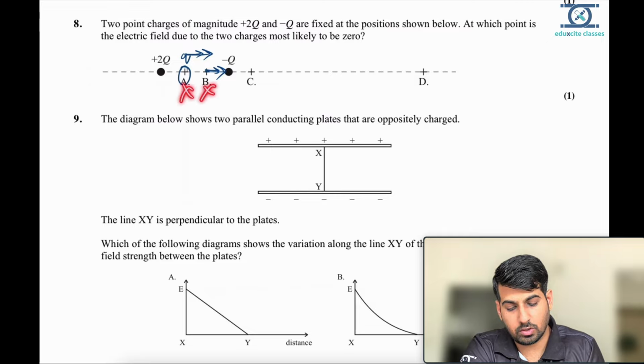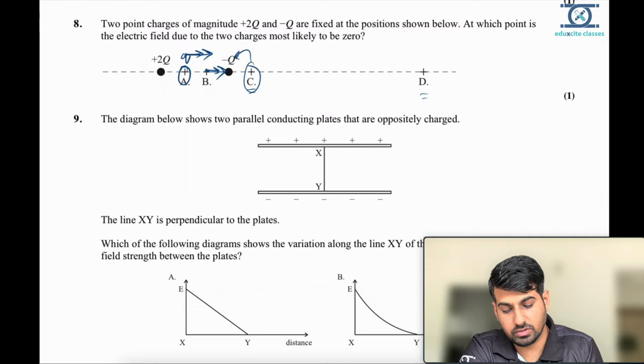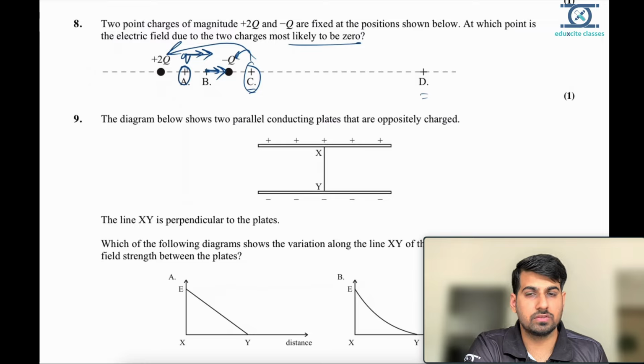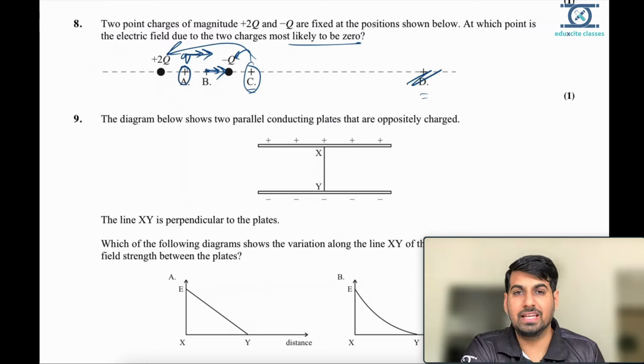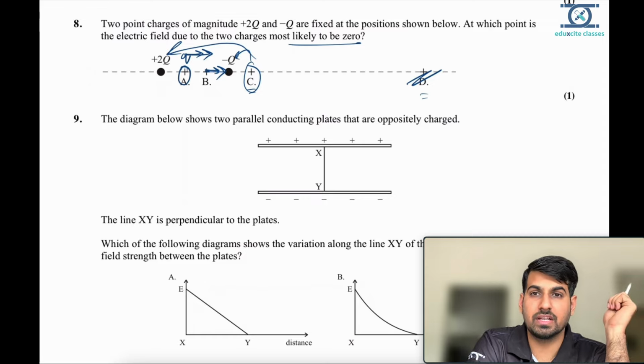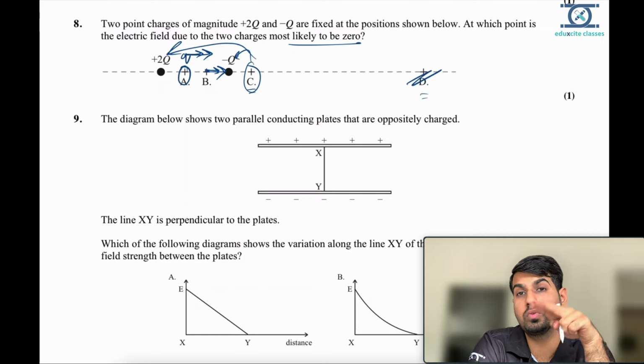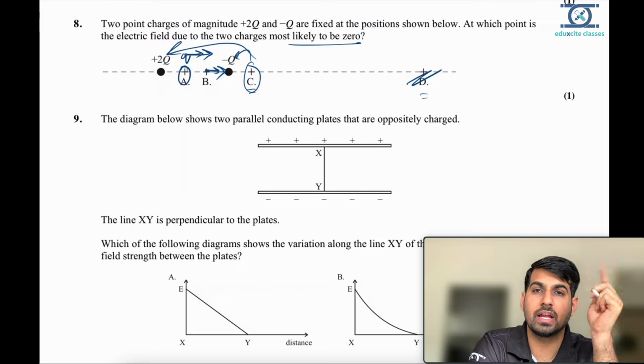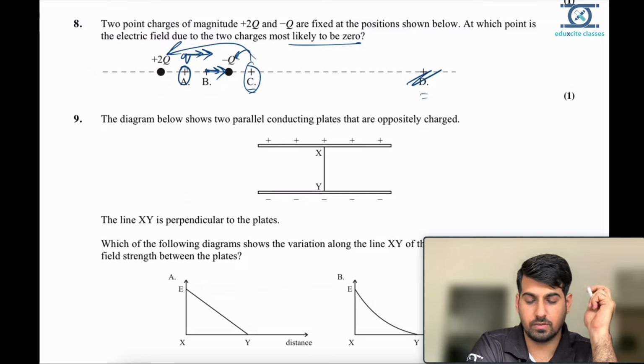So A and B are not options. Now we have to think about C and D. Now C is very close to both the charges, so it will not give the 0. You can check with any certain values, or you can count the number of dashes as well. So the only option, D, is most likely to be 0, where the electric field due to the two charges plus q and minus q will be 0. Okay.